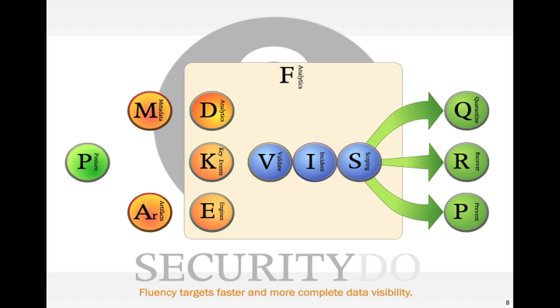So Fluency can handle billions of events a day as opposed to just millions or 100 millions. And this is an important number because, to tell you the truth, most SIEMs can't handle all the flow data and all the event data. People are turning to Splunk, which doesn't really do real-time analytics and is not designed for security. On top of it, Splunk still has a hard time with all this flow data.